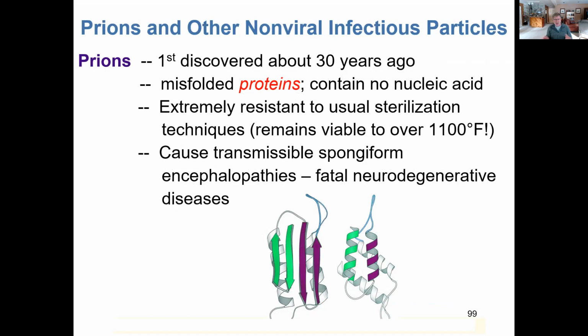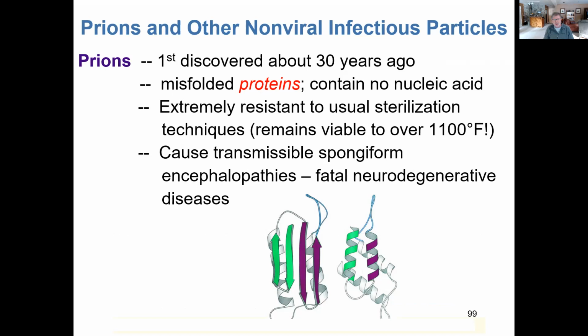We knew we had this entity out there, and it wasn't viral and it wasn't bacterial, but it was causing death and disease in animals. And so a lot of research was pumped into the study of these malformed proteins called prions.